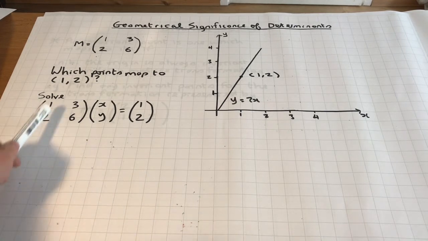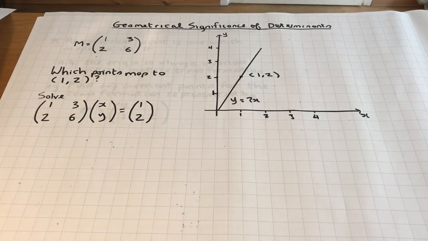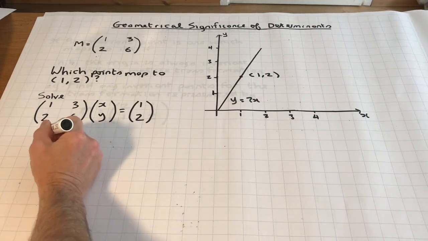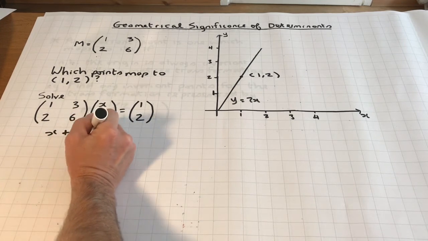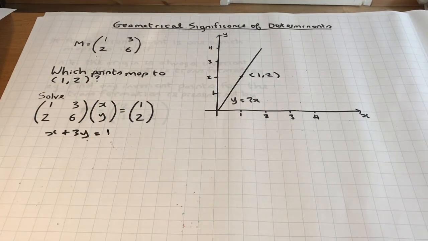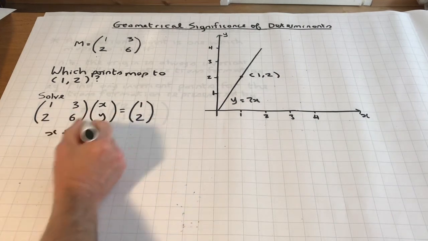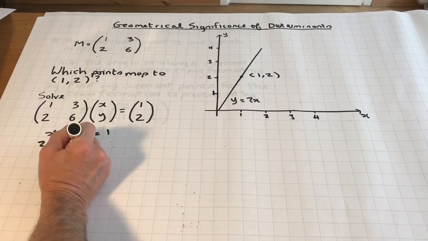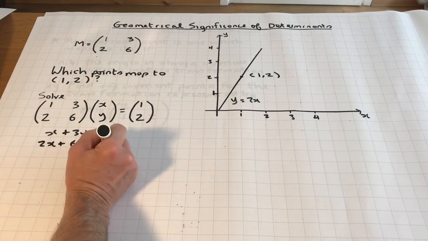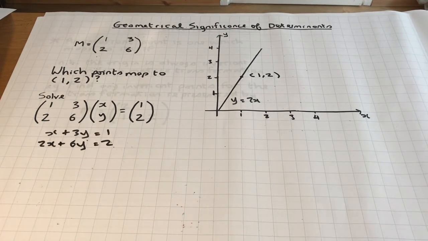So I'm going to get 1, 2, 3, 6 multiplied by some point xy gives me 1, 2. If I multiply this out, I get x plus 3y is equal to 1 from the first line of the multiplication. I get 2x plus 6y is equal to 2. Okay, well that's the same equation, just doubled.